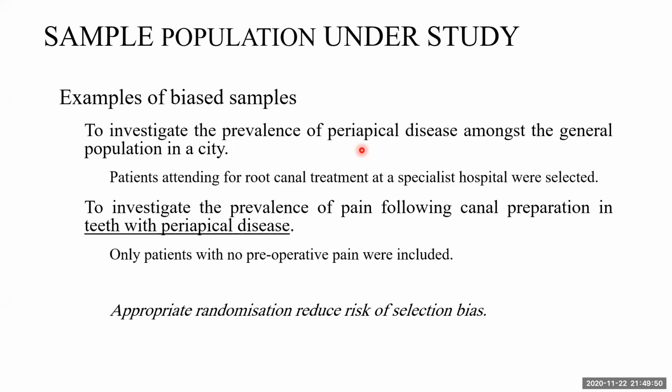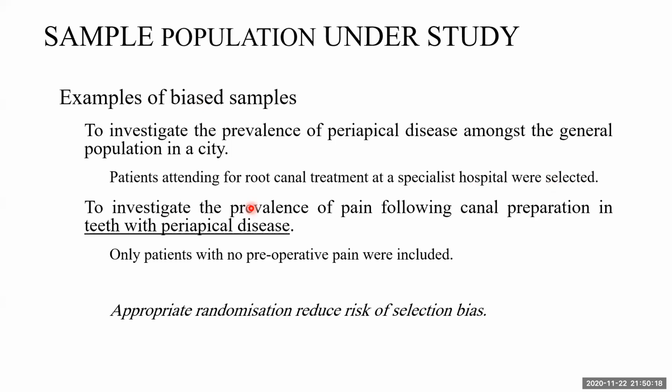You should go for a general population in order to answer this question. Otherwise, you should change this question and put it as the following: to investigate the prevalence of periapical disease in patients attending for root canal treatment at a specialist hospital. And in this way, you prevent the bias in the sample selection.